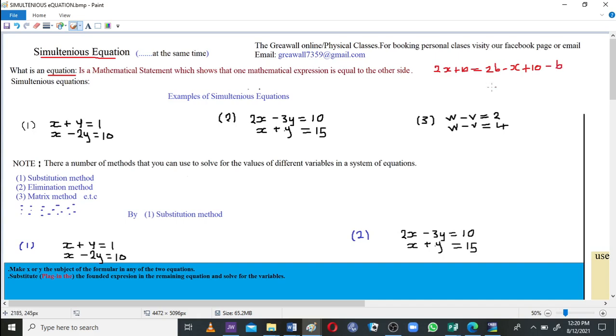Okay, so if this is an equation, it can be like this one.